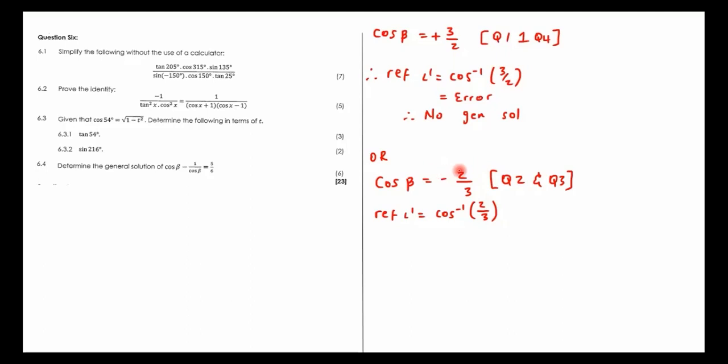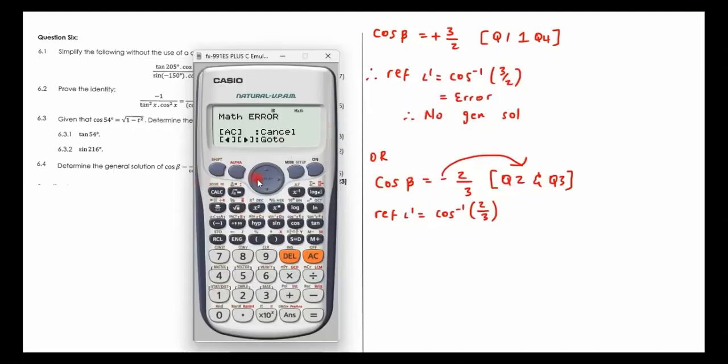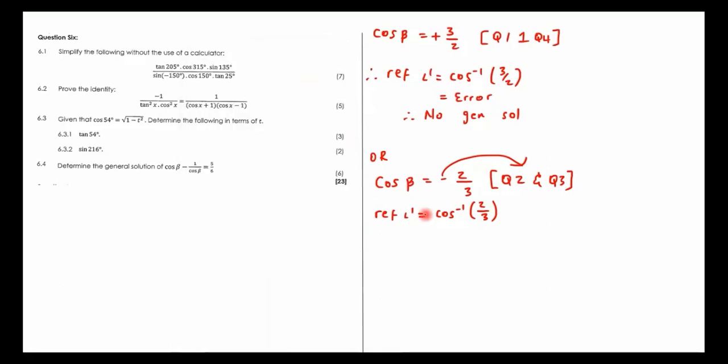Because we have already used it. How did we use it? It helped us to understand which quadrant to actually work on, right? So now here we're going to be doing the other way around, now 2 over 3. So we're getting 48.19. And therefore, we're going to go to our general solution.